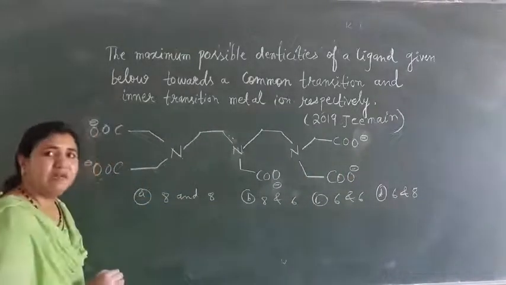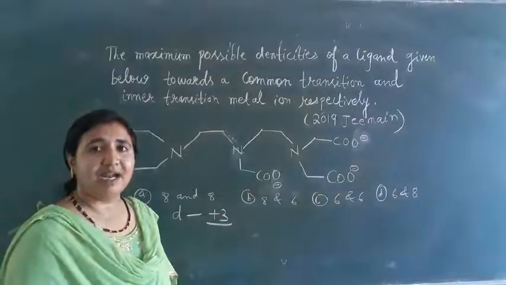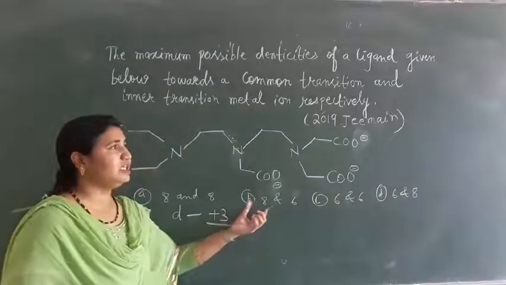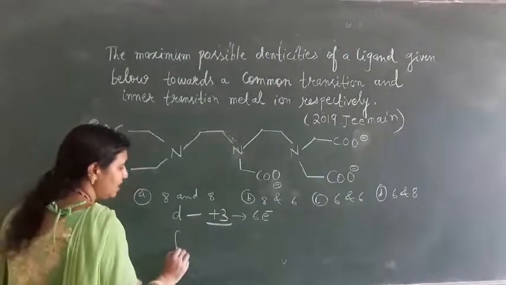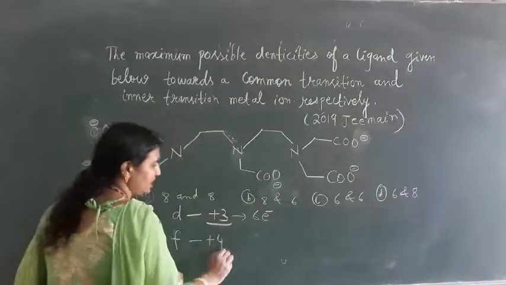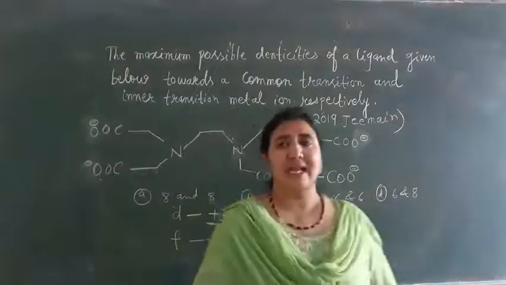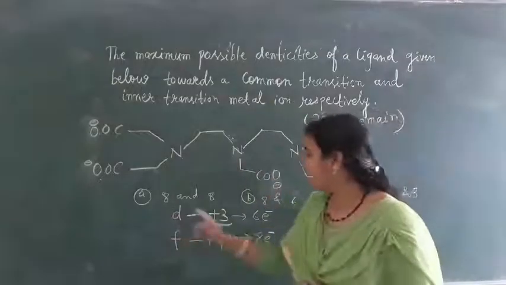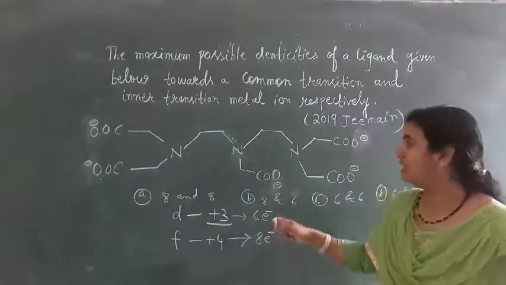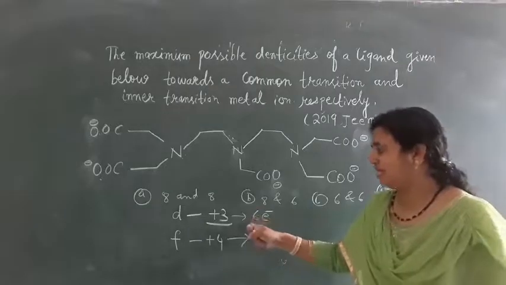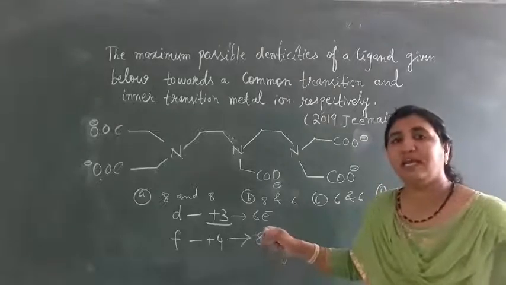Transition metals are d block elements, and their common oxidation state is +3, so they can accept only 6 electron pairs. For inner transition, f block elements, the common oxidation state is +4, so they can accept 8 electron pairs. So the denticity for the transition metal will be 6, and for the inner transition metal it will be 8.